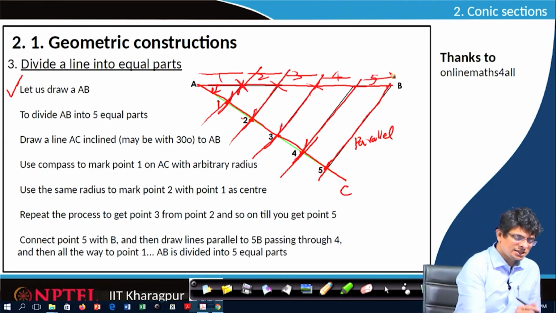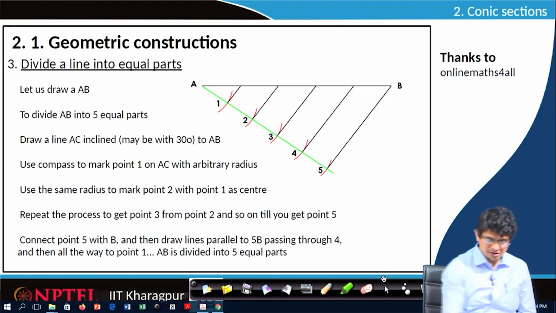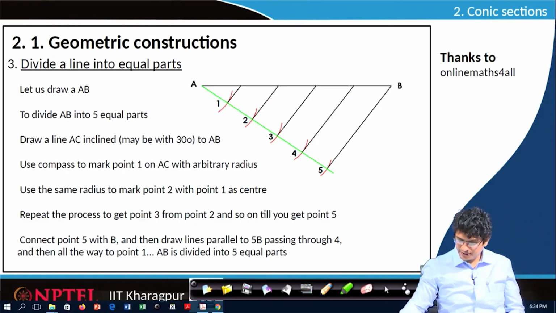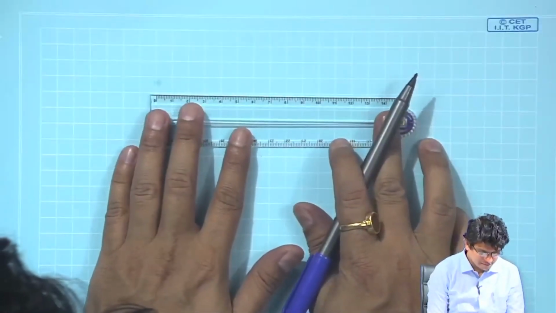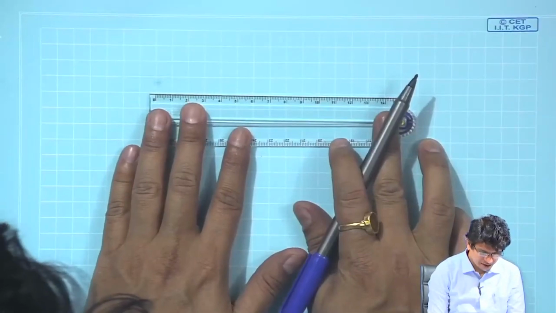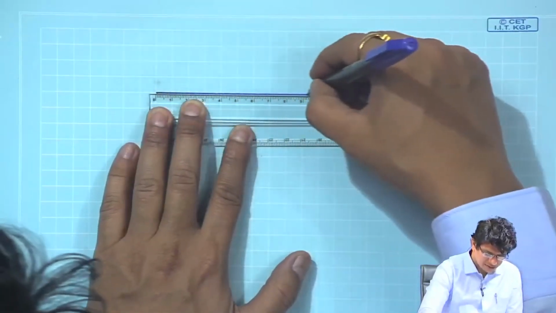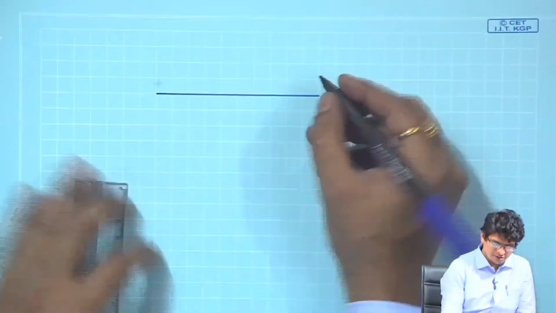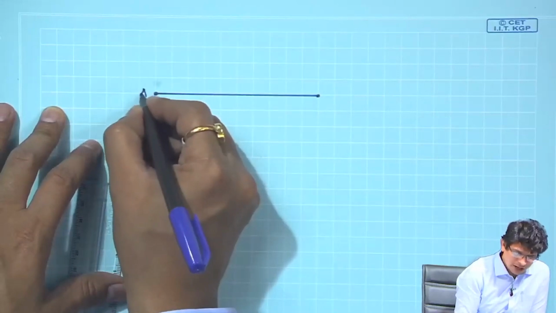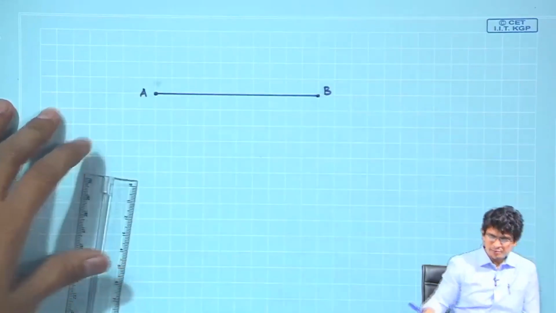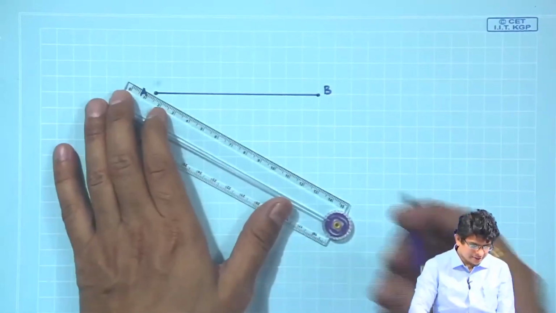Let us look at that on the graph sheet. First of all, we have to draw a line. Mark A and B points. Draw an inclined line.